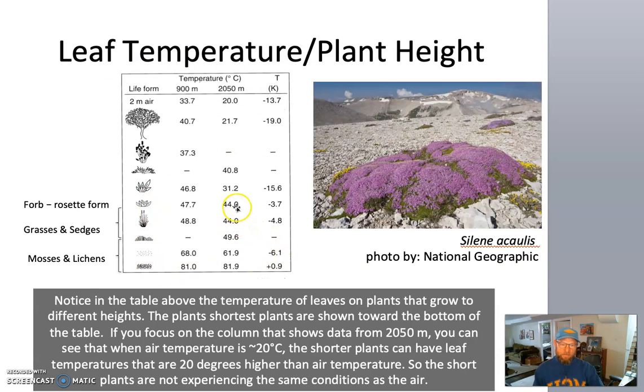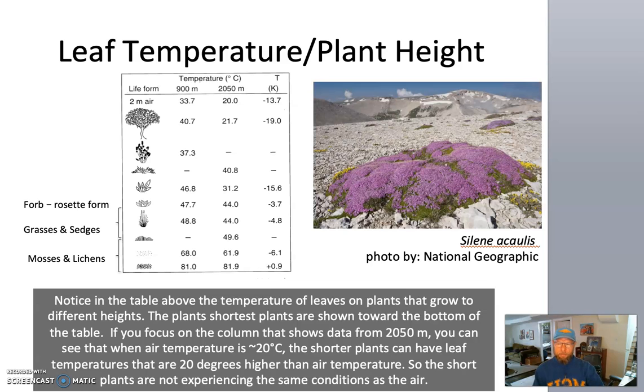You can see a lot of these plants from the forb rosettes down on a day with 20 degrees Celsius are getting into the 40 degrees C. Well, at 40 degrees C, those proteins in the cell membranes start denaturing and kind of falling apart and losing their ability to function. And so that is a temperature that plants want to avoid. And on a nice clear day, these plants are experiencing that.